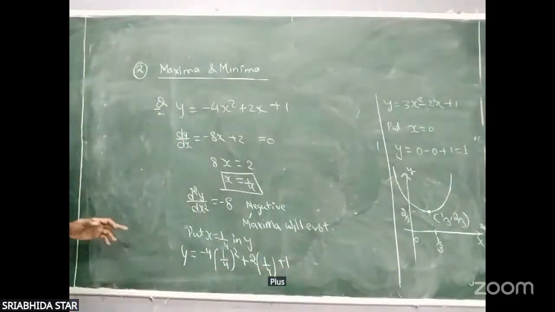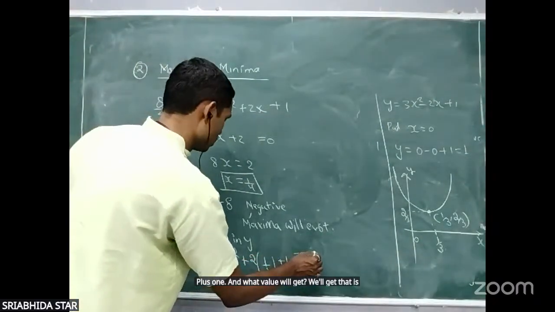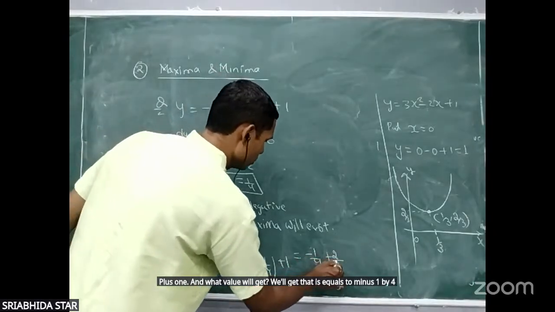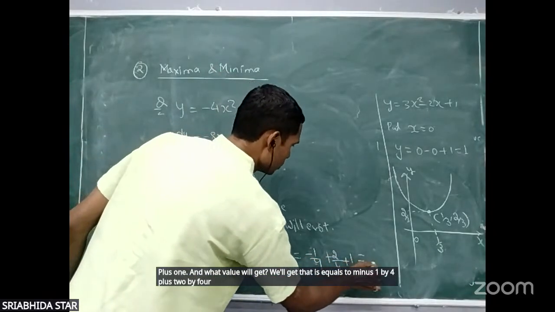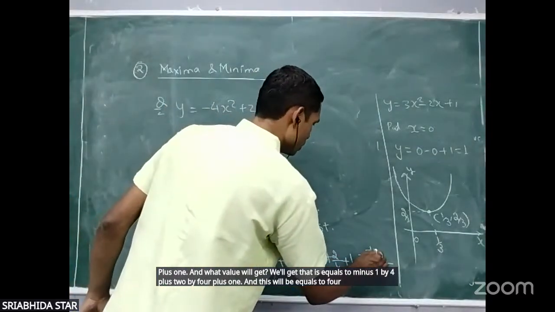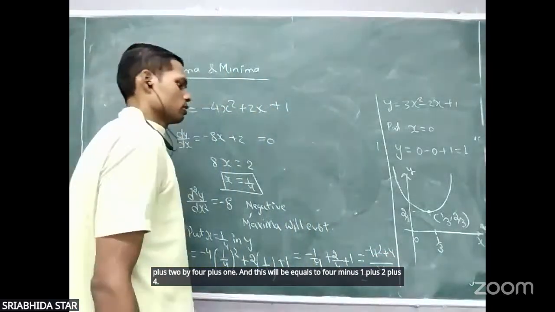And what value will we get? We'll get minus 1 by 4 plus 2 by 4 plus 1. And this will be equals to minus 1 plus 2 plus 4 over 4. And this value will be equals to 5 by 4.